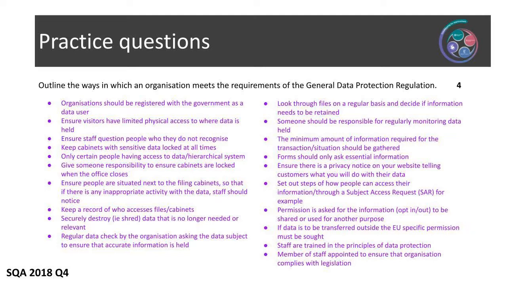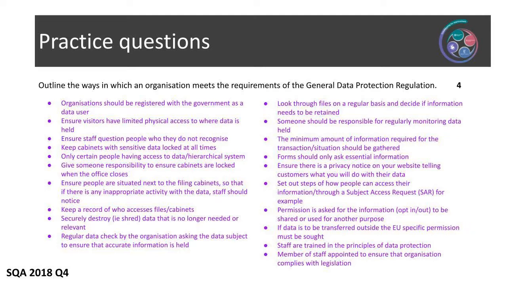Of course, there should be a privacy notice that's available telling customers what data is being gathered and how it will be processed. People have a right to be able to access their data under subject access requests, so making sure there's clear processes in place and there's someone responsible for making sure that happens. In terms of where data is, making sure if it's being transferred outside the European Union, specific permission for that has been sought from the people whose data it is.